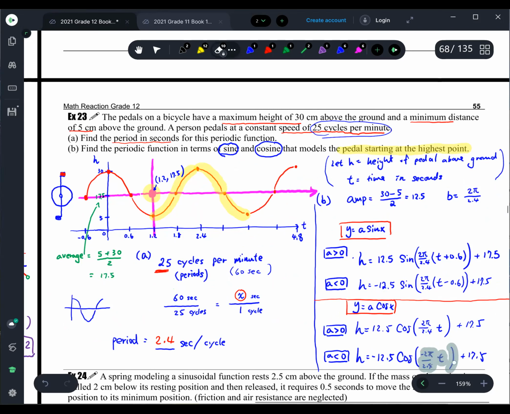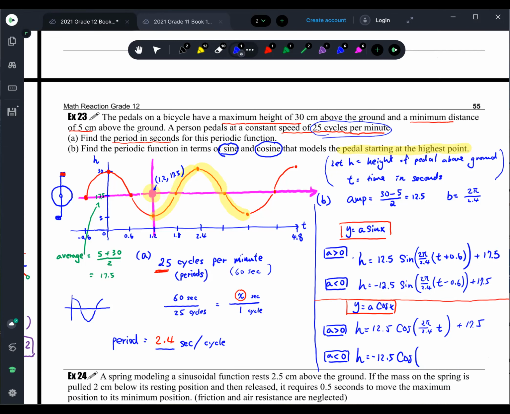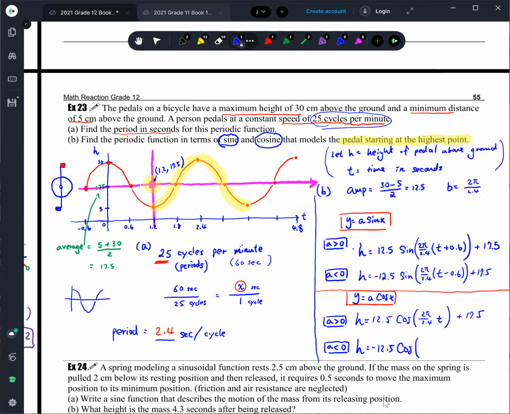So let's try again, okay? So after cosine, bracket, what's the B first? 2 pi over 2.4.